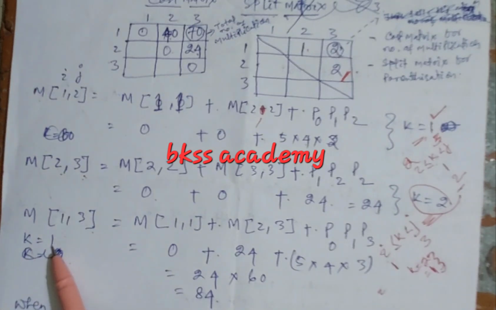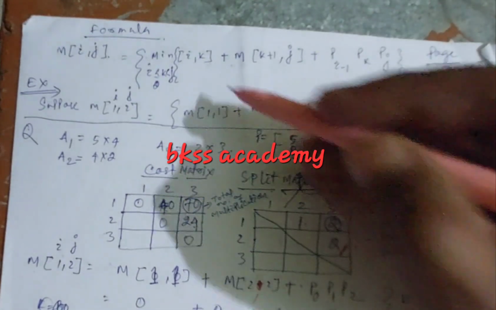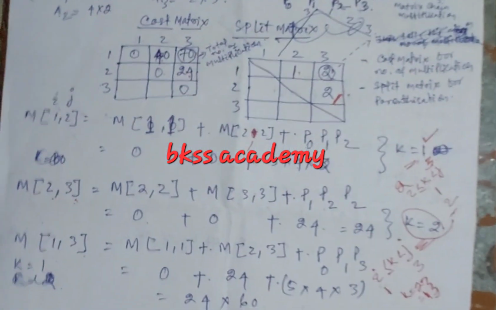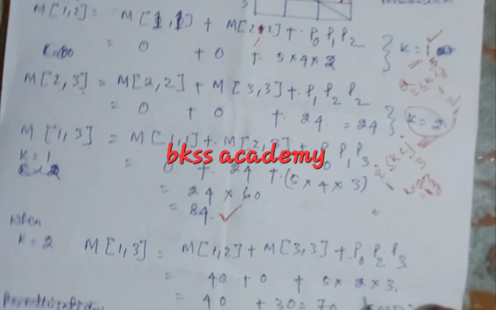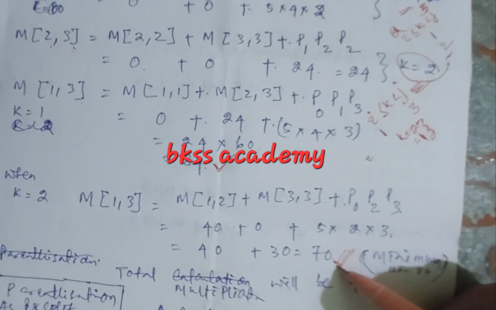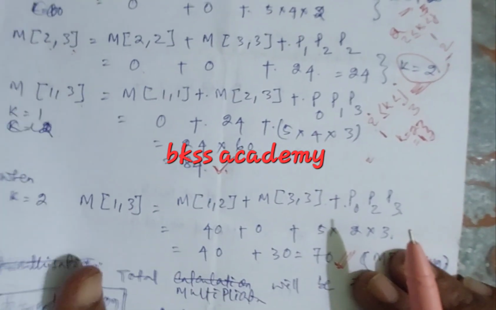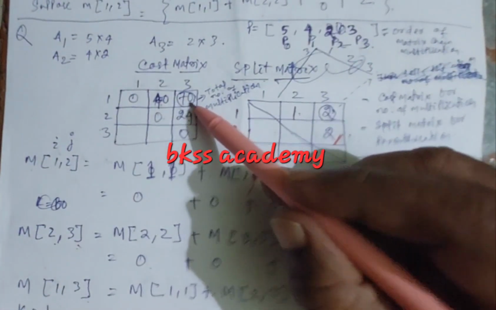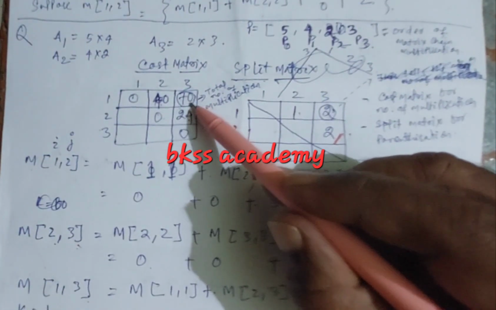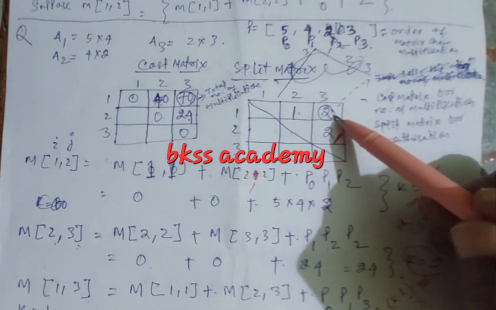When k is 1, the result is 84 as per this formula. When k is 2, the result is 70. From 70 and 84, the minimum is 70. So we will keep 70 here, and the k value is 2. So we will keep 2 at location 1,3 of the split matrix.